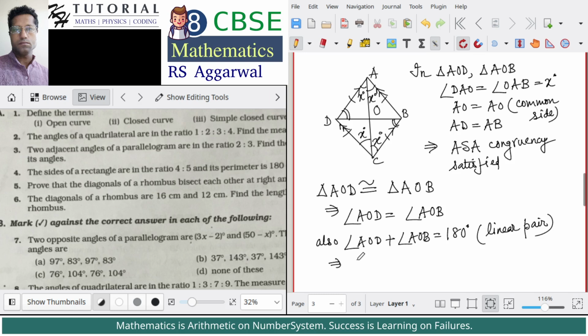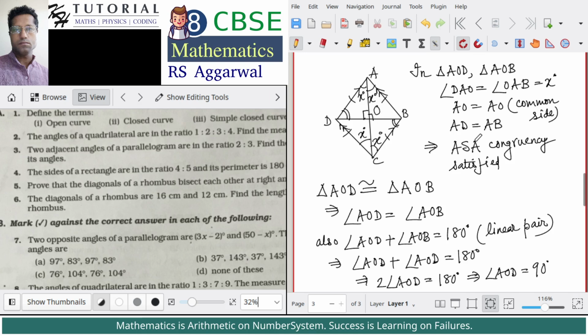So we can say angle AOB is equal to angle AOD. So angle AOD plus angle AOD is equal to 180 degree. So twice of angle AOD is equal to 180 degree. This will imply angle AOD is equal to 90 degree. So definitely angle AOB will also be 90 degree.